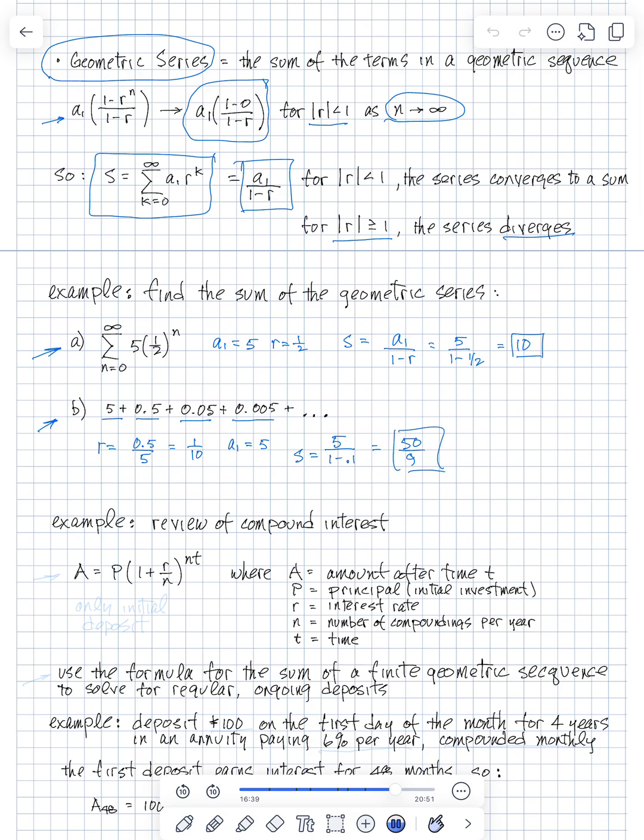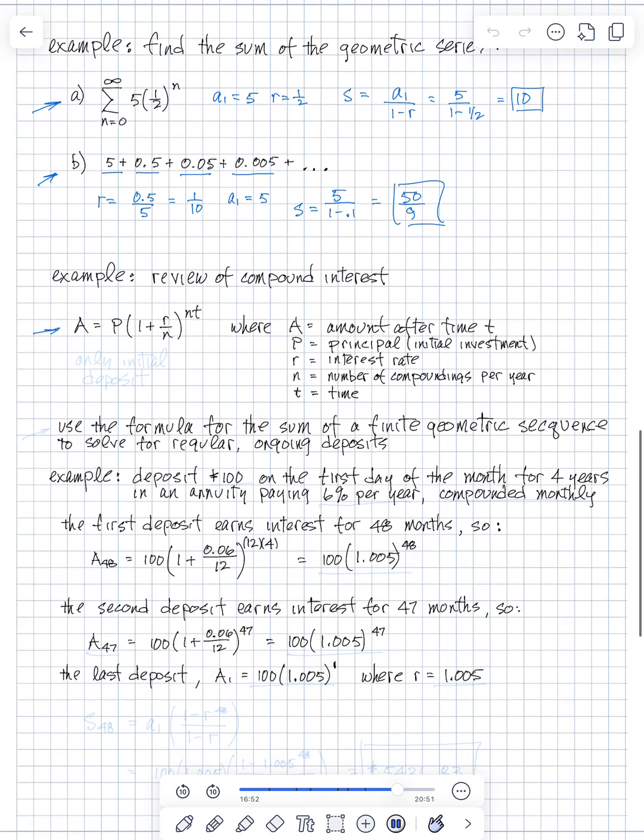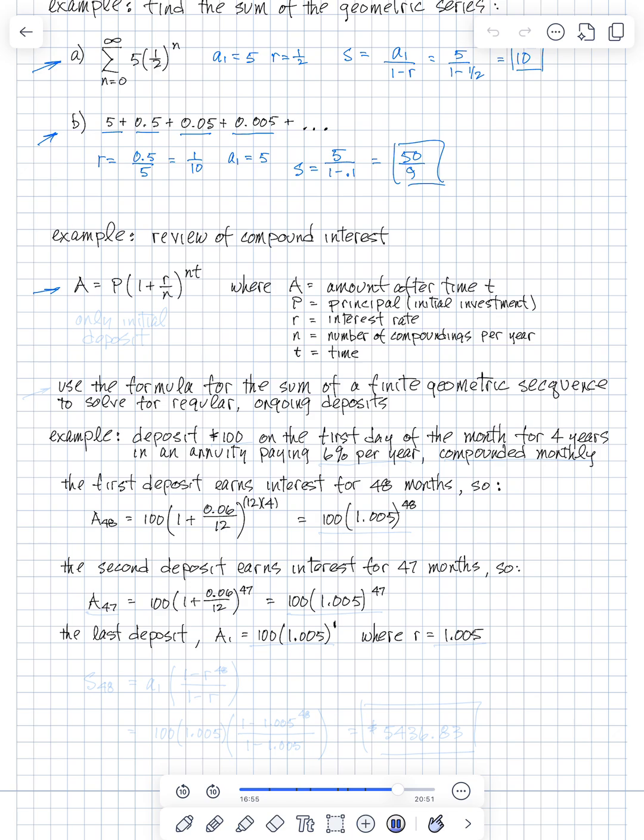Okay, our last example is finding a sum using the compound interest equation. Now the equation we've used in the past is A is equal to P times 1 plus r over n to the nt power, and we know that A is the amount of money you're going to have after time period t, P is the principal, which is the initial investment, r is the interest rate, n is the number of compoundings per year, and t is the time.